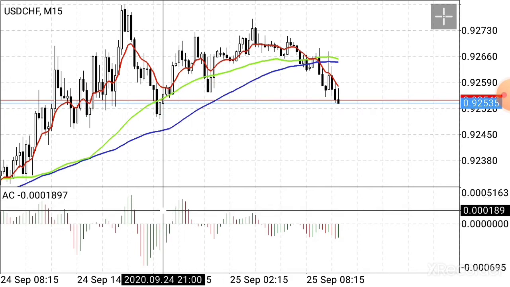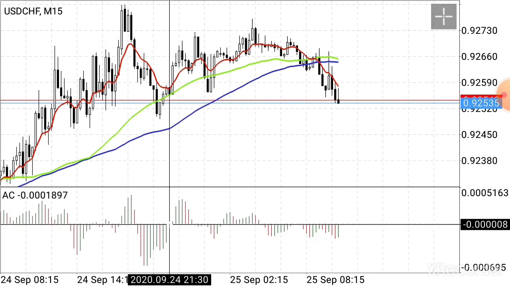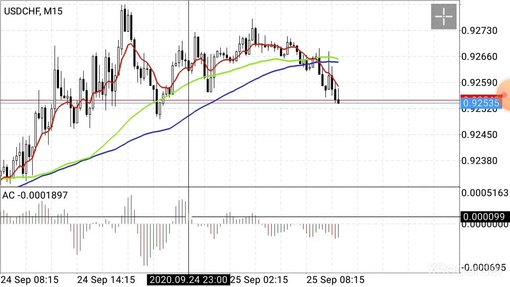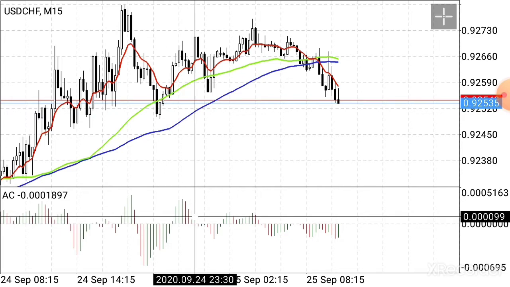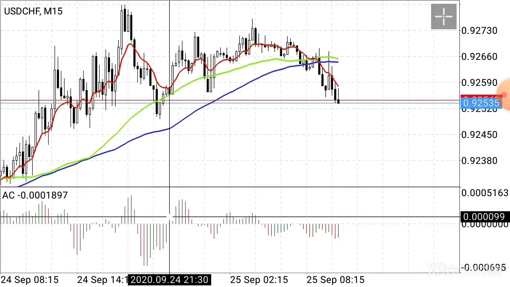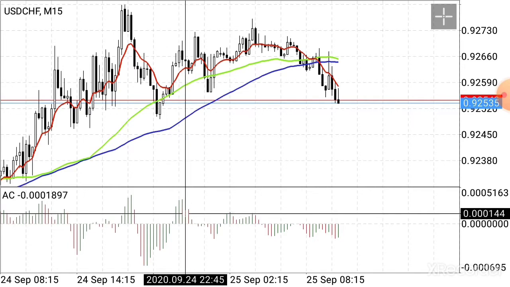Okay, so have a look at this little area here. You can see there are green and red lines. The green lines above the zero level signal momentum, acceleration, or an increase in buying. You may see the red lines next to it and think, okay, that signals selling. It does and it doesn't.